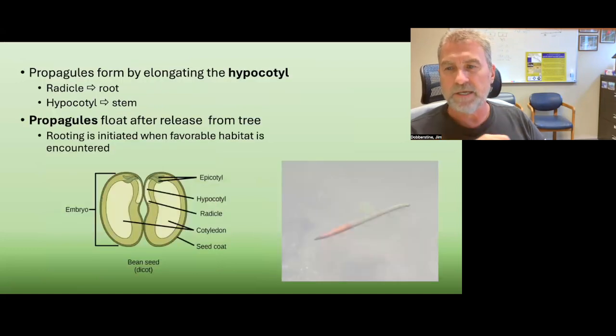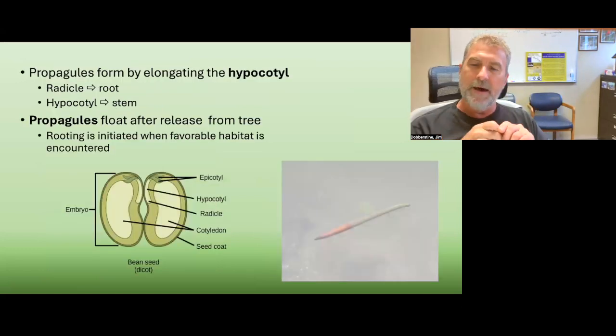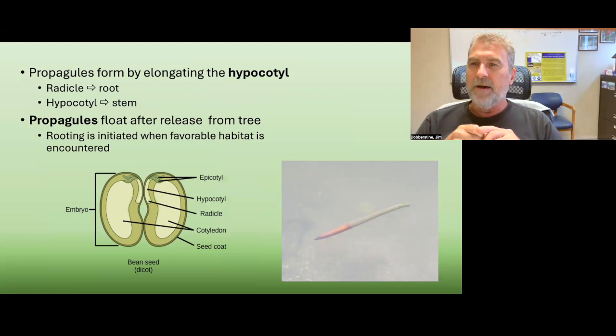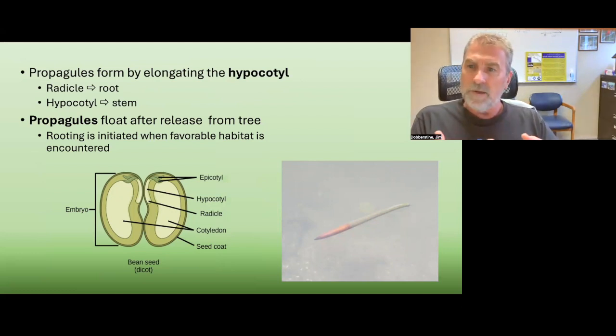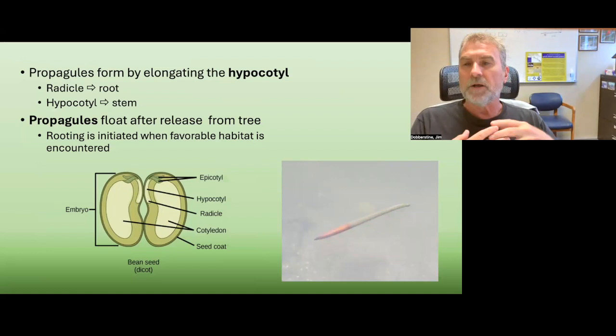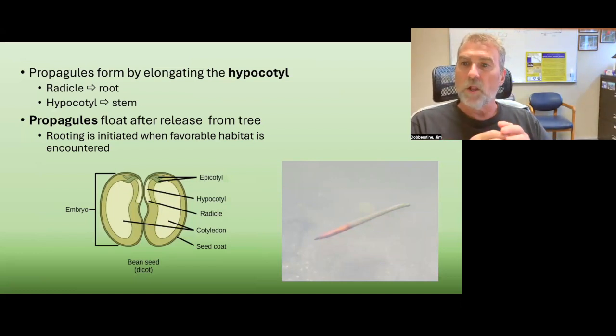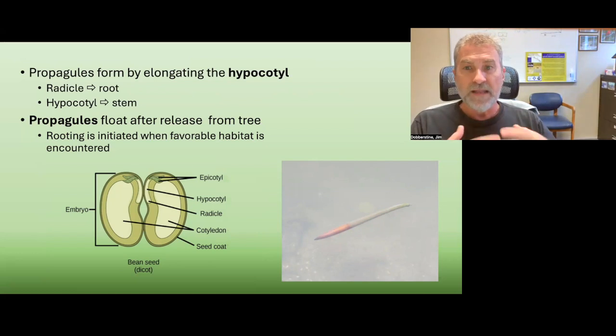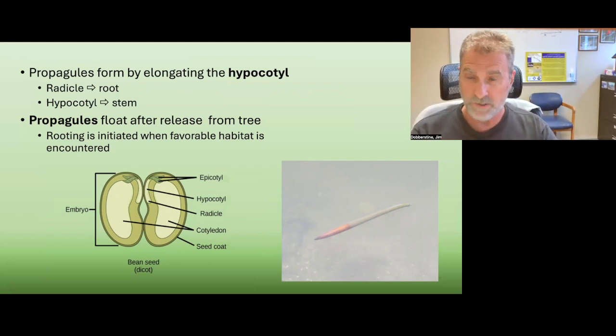Essentially, the way this works is that the radicle forms into the root structure. The hypocotyl forms and elongates into the stem. Now, remember vivipary occurs where that seed is supported while it's on the tree.